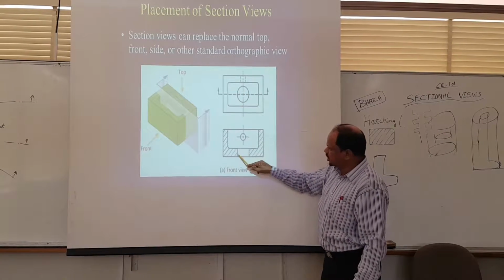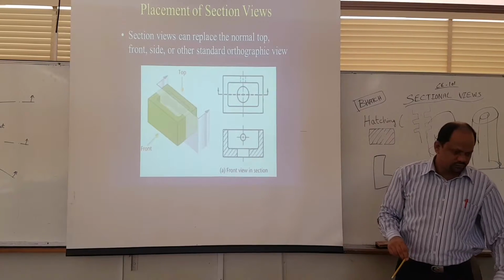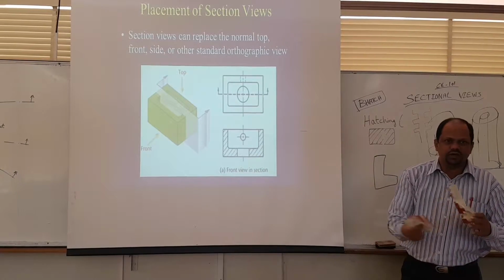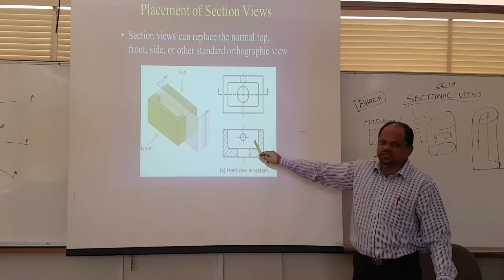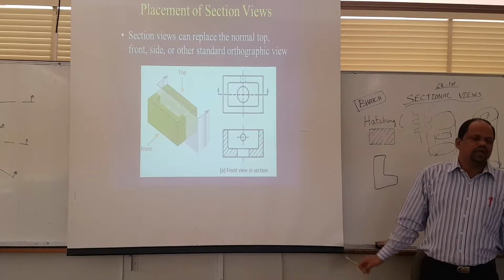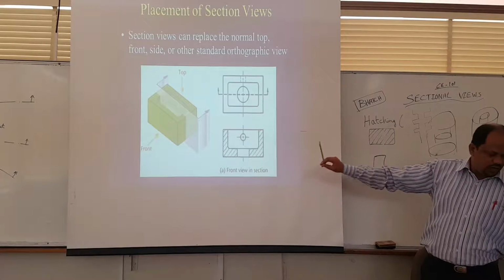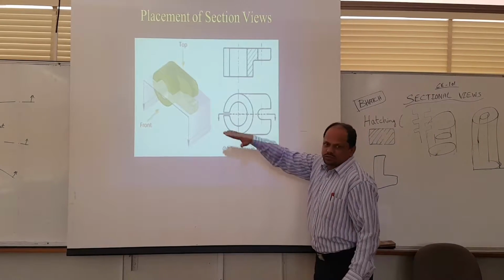So it will not touch, that's why this has been done. Like this one? Yes. Wherever there is a hole, it will not touch. So this is how the front view in section looks. Front view in section. Any question? Are you getting it? Now, instead of cutting like this, I can use the cutting plane and cut in this direction also.